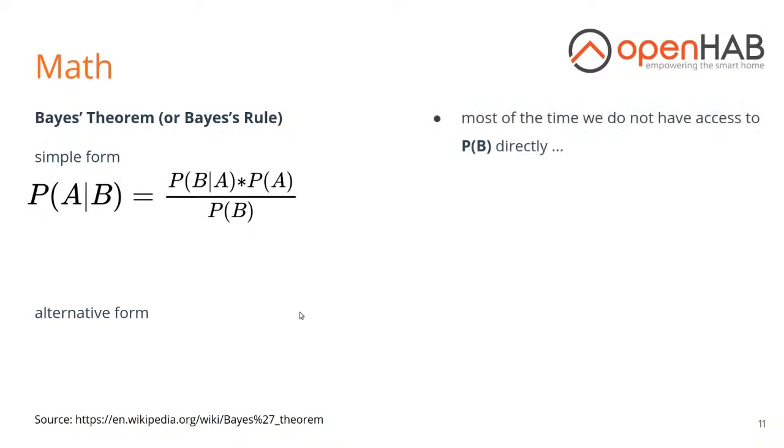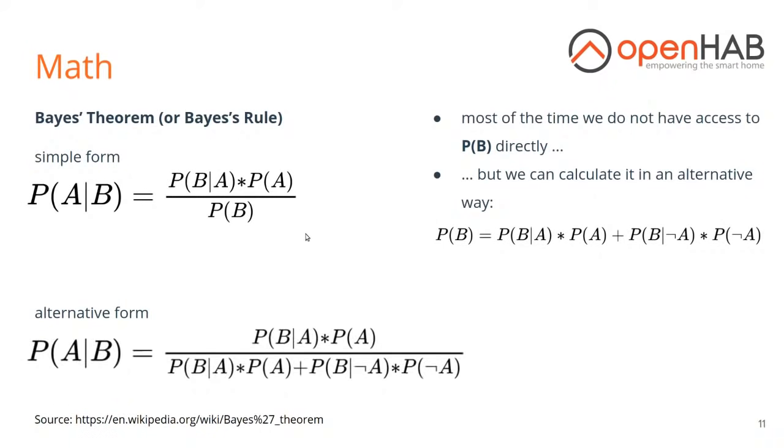Most of the time, we do not have access to the evidence directly. So we have to replace it by a second formula, and that's the sum of the joint events. And additionally, there's a hidden slide, which you can have a look at later, where it is shown how the joint probability is calculated based on the tree diagrams.